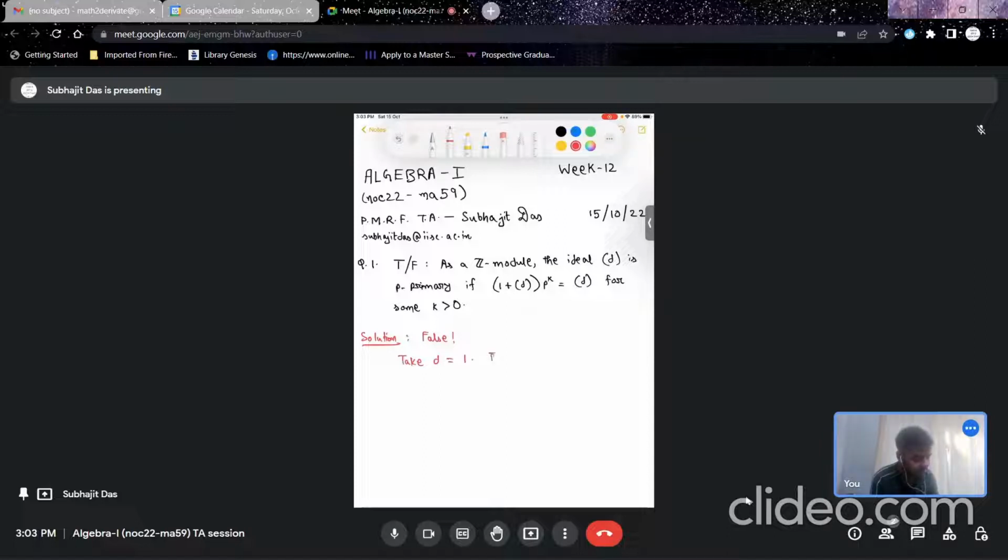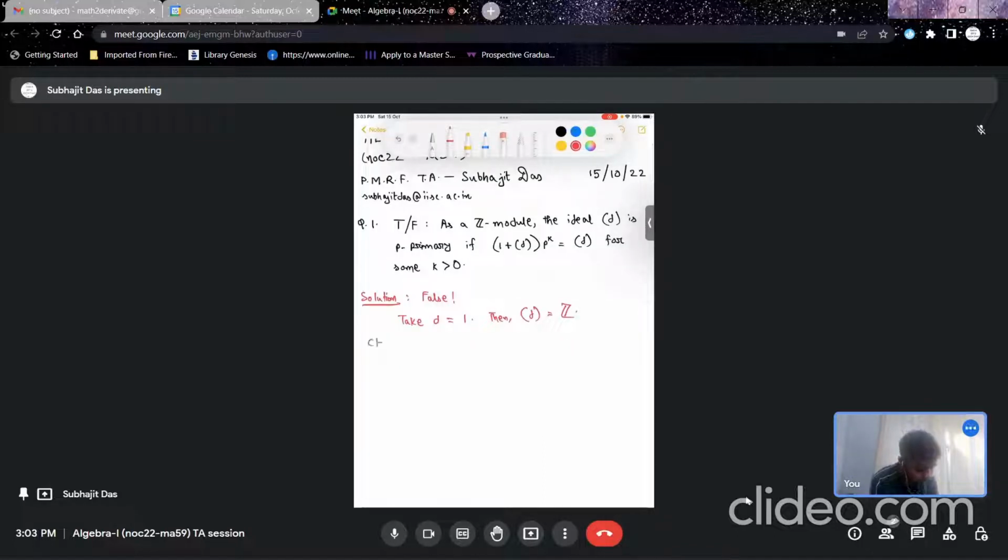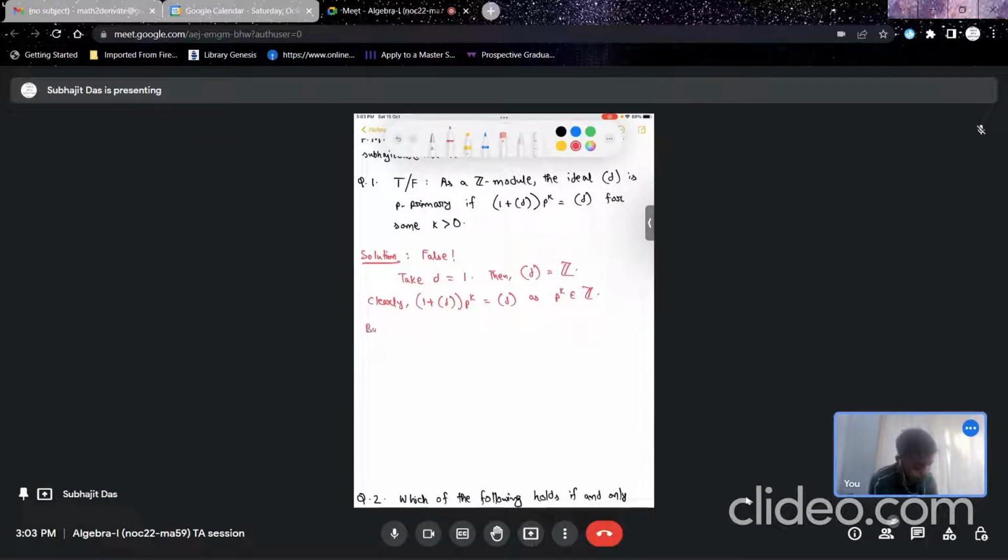Then the ideal generated by D is equal to all of Z. And clearly P to the power K plus the ideal generated by D is equal to the ideal generated by D, for the simple reason that P to the power K is in Z. But Z, which is the ideal generated by D, is clearly not P primary.